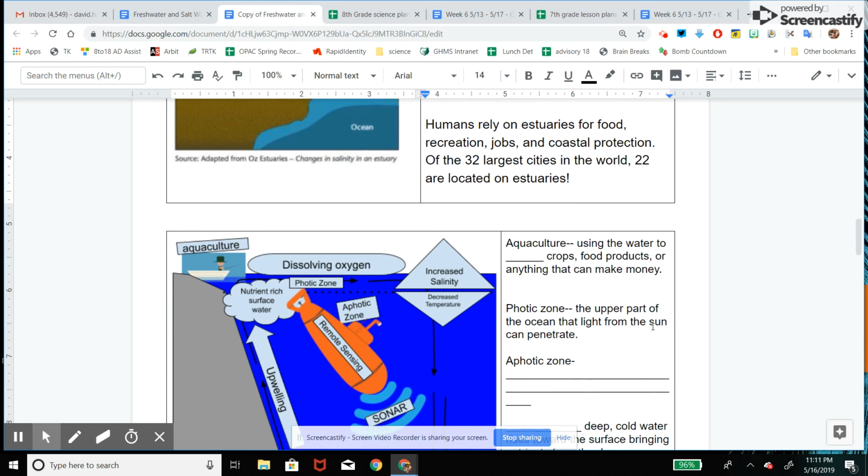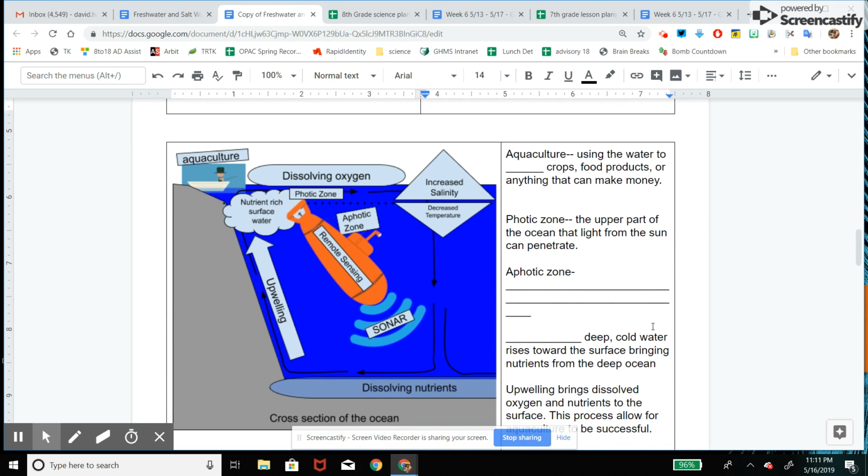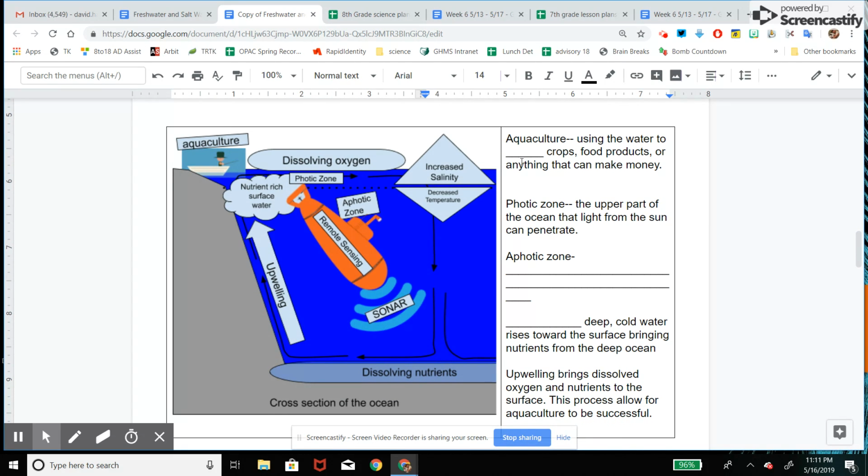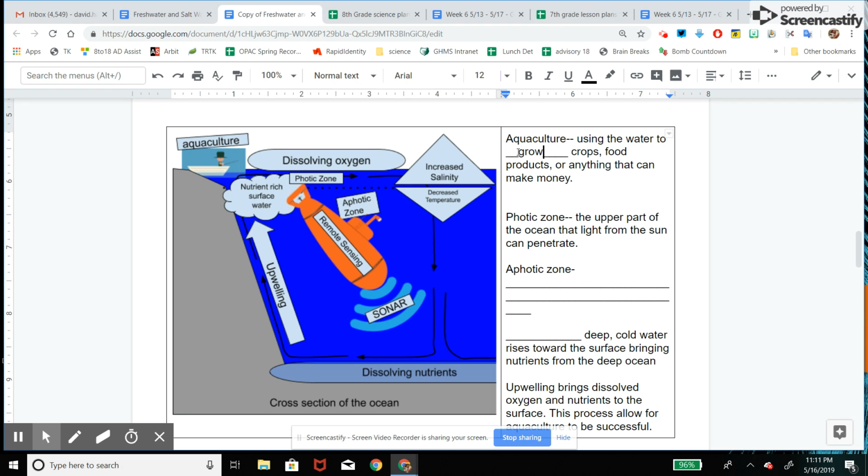Okay. Down here we have another cool drawing. Aquaculture is using water to grow crops, food products, or anything you can make money getting out of the ocean, right? Whether it's seafood, whether it's seaweed, whether it's shells, whatever you're using. So the photic zone is the upper part of the ocean, and it's the part of the ocean where light from the sun can penetrate.